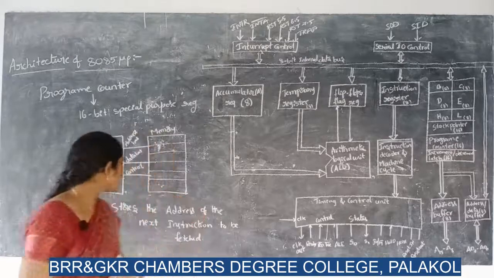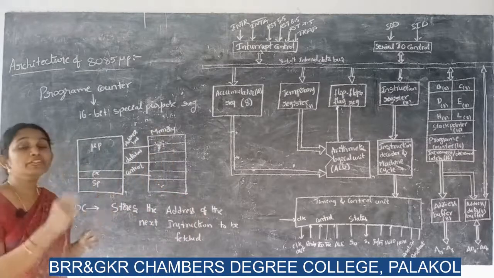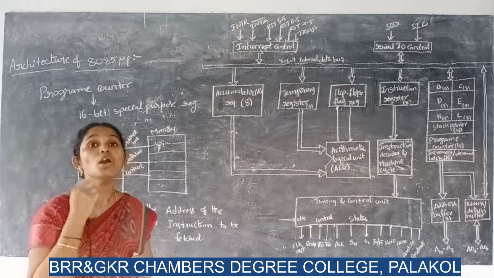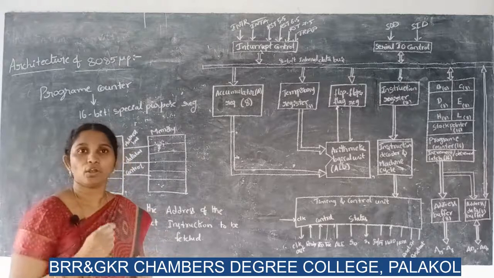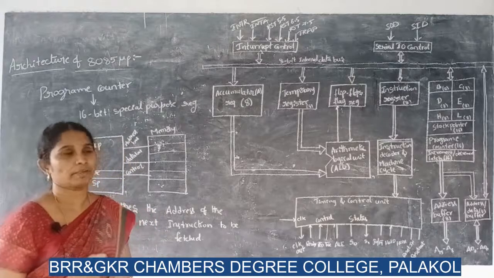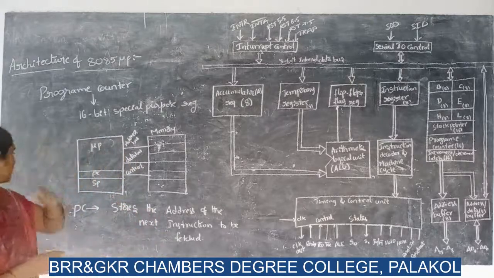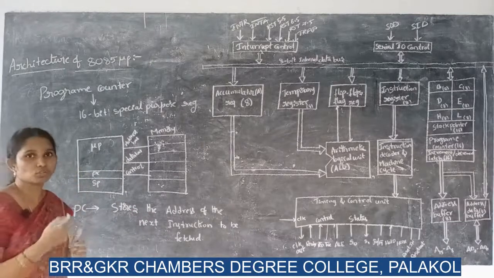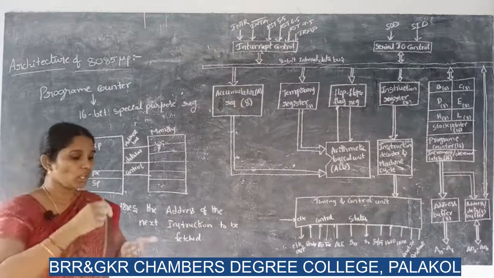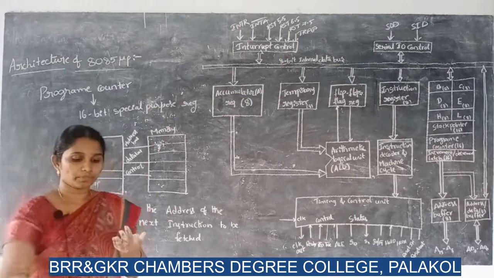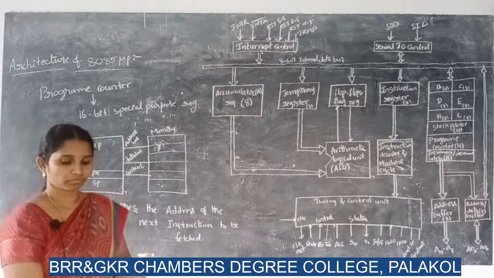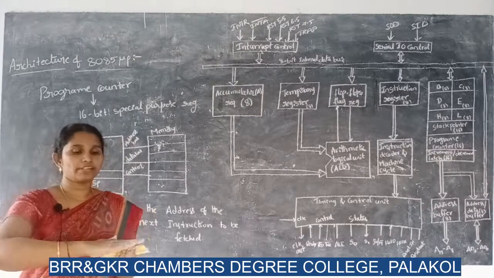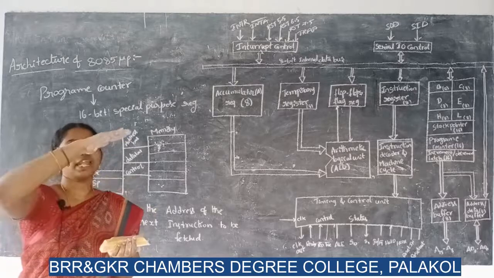Okay, so the stack pointer will store the most recent entry of the microprocessor. For example, in this way I will arrange: this is the first one, this is the second one, and the third one.